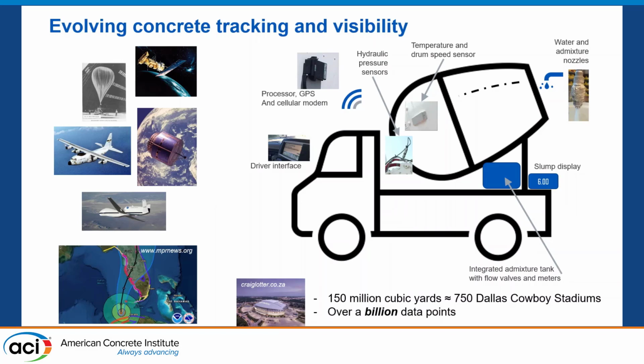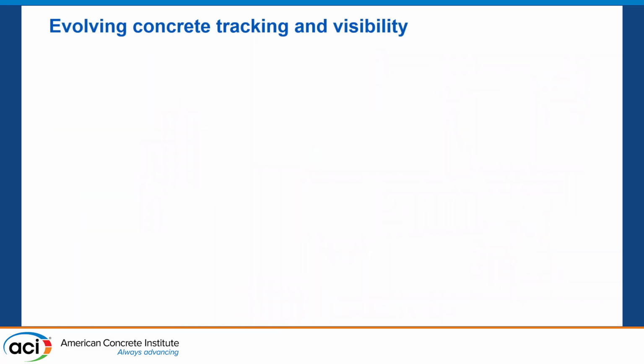So these systems have existed for a long time. Over 150 million cubic yards have gone through this, so that's 750 Dallas Cowboys stadiums, if you're keeping track. And we've generated over 1 billion data points with these systems.